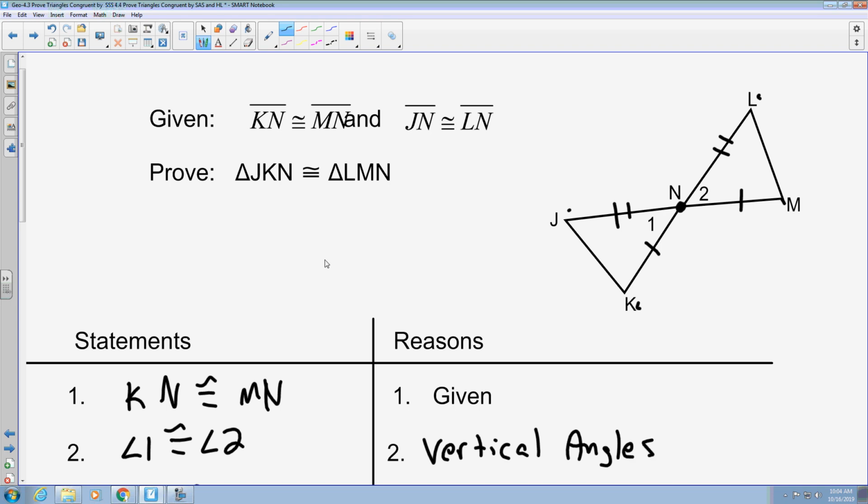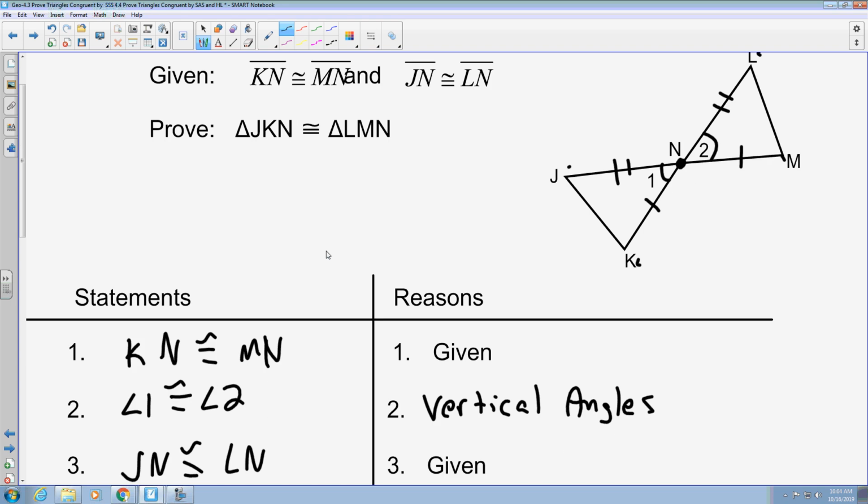And vertical angles are equal to each other. So we can say here and here. And now we have two sets of congruent sides. And between those two sets of congruent sides, we have a congruent angle.